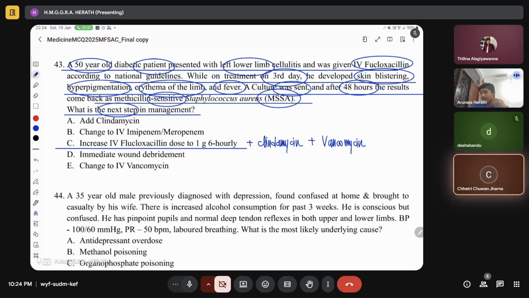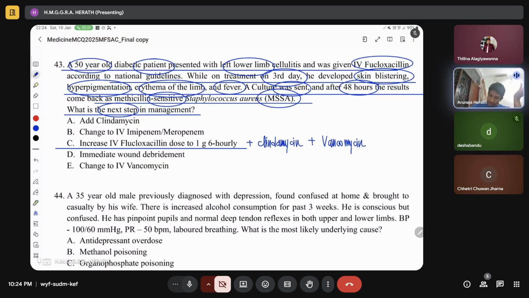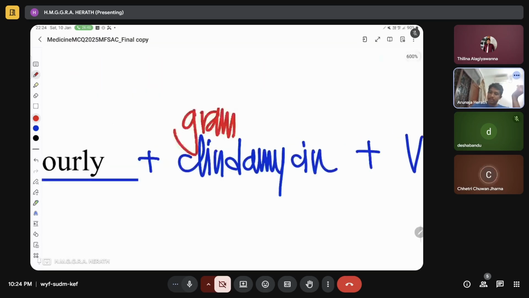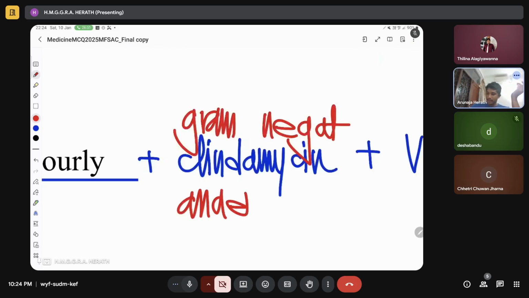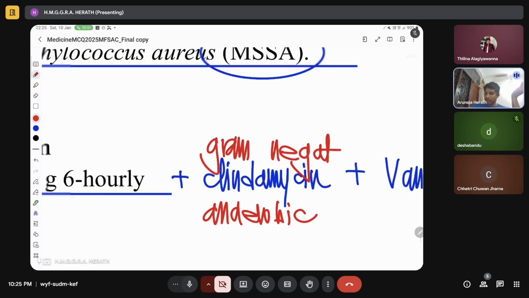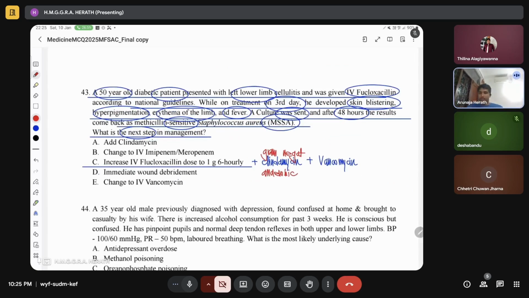Why did you add vancomycin? Vancomycin, no need to add unnecessarily, because first we try with one antibiotic and then we can combine antibiotics. Usually clindamycin is given if you are suspecting gram negative infection or if you are suspecting anaerobic infection. Okay, so when these two also don't work, only then do we have to think of changing the antibiotic.